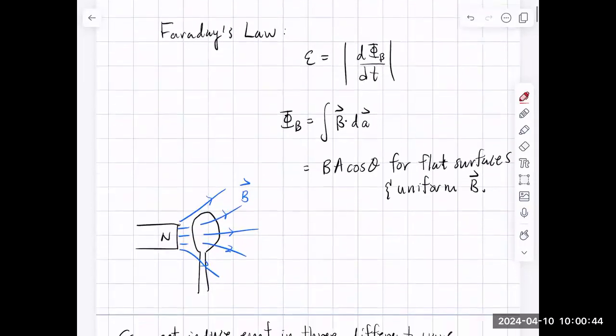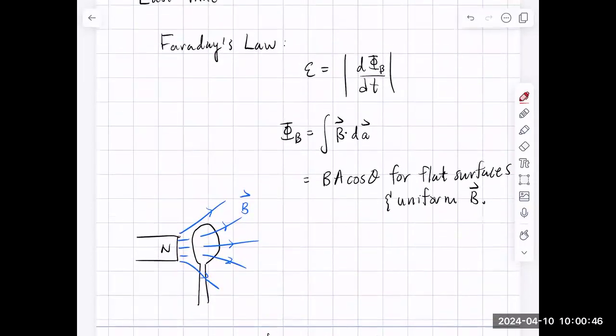So today, we're not going to cover new material. I just want to summarize the important results that we got last time. We'll do a summary of Faraday's law and Lenz's law, then briefly look at an important application, and then run through some example problems.